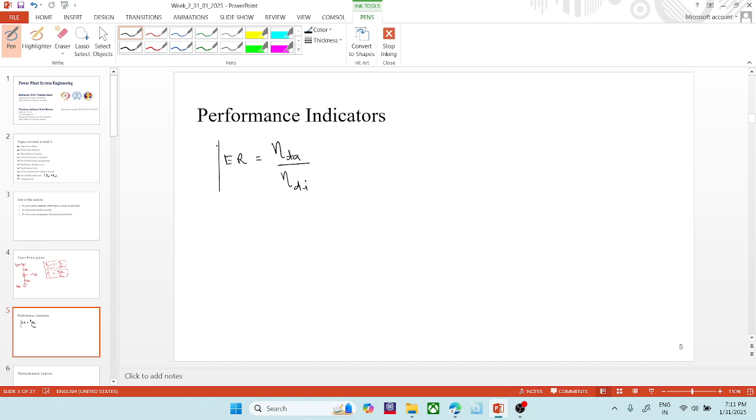Here the ideal thermal efficiency is the Carnot efficiency, and the actual thermal efficiency is the net work done divided by the heat supplied. Then the work ratio we have come across: the net work done divided by the turbine work.